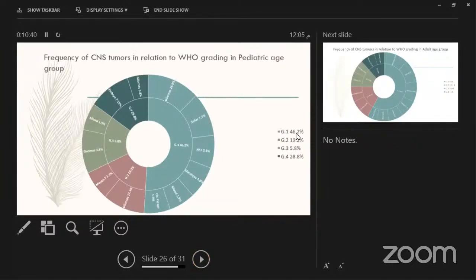We considered grade 1 and grade 2 as non-malignant or benign tumors, while grade 3 or grade 4 are malignant tumors. In the pediatric group, grade 4 becomes higher, 28%, because most cases were medulloblastoma.